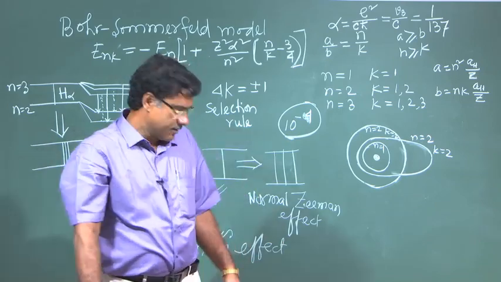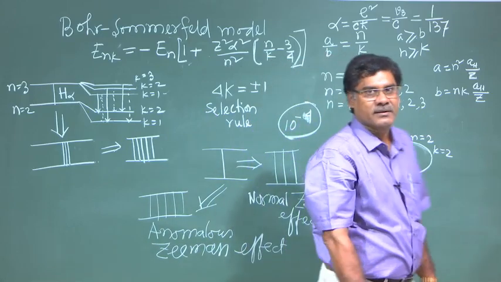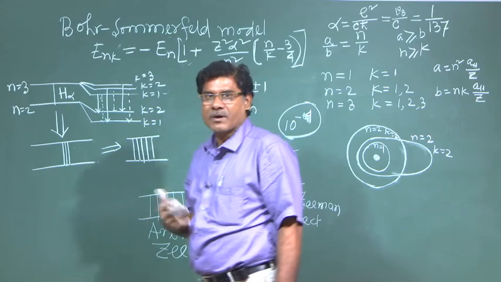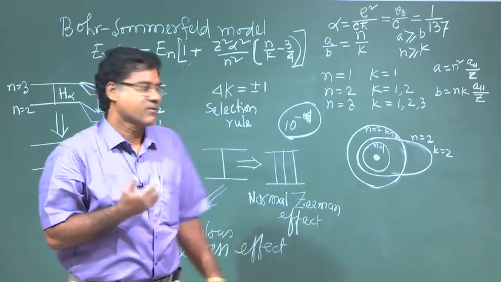Okay. So, normal Zeeman effect and anomalous Zeeman effect. So I define that. What is the origin, that we do not know yet, we have to find out.